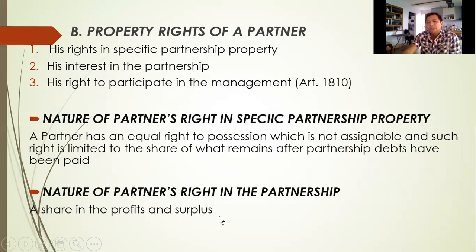While surplus is obtained by subtracting liabilities from assets. So if you subtract liabilities from assets, or assets minus liabilities equals surplus. So profits can be found in the profit and loss statement, while surplus can be found in the balance sheet.